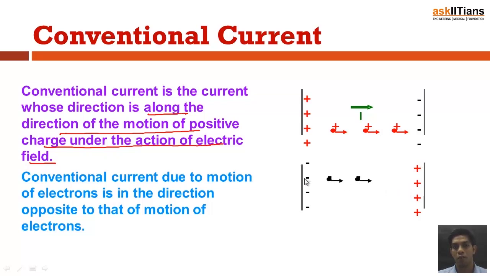The electrons are flowing from negative to positive, and the direction of the current is just the opposite of that of the movement of electrons. So just keep in mind that we need to follow these two conventions. Direction of movement of positive charge is the same as the direction of current. Direction of movement of negative charge is just the opposite of the direction of current.